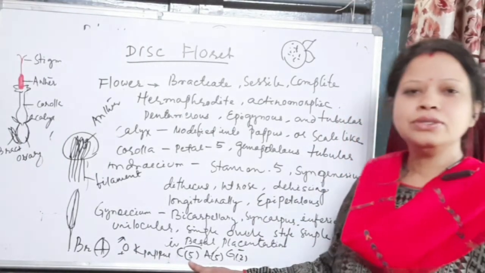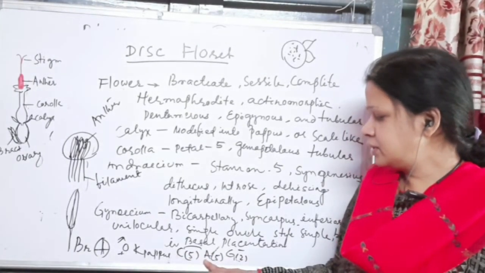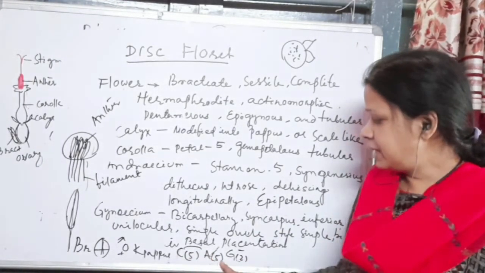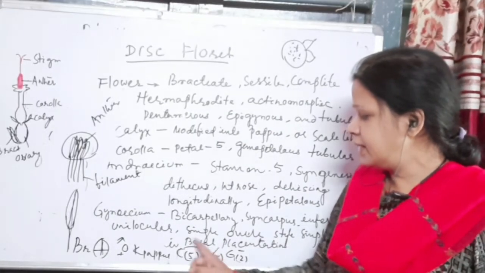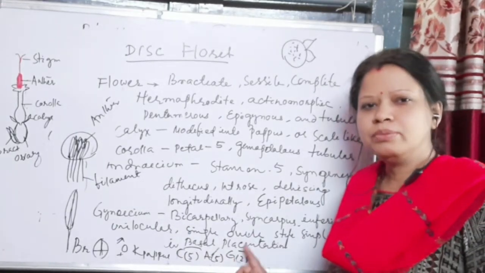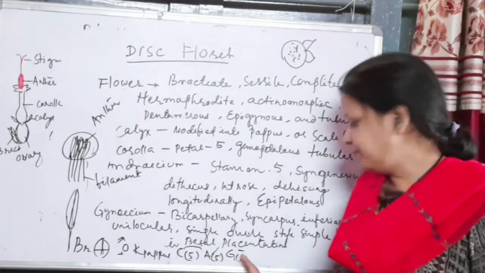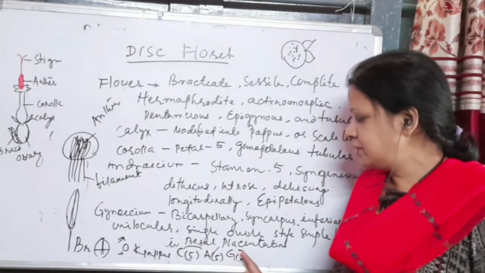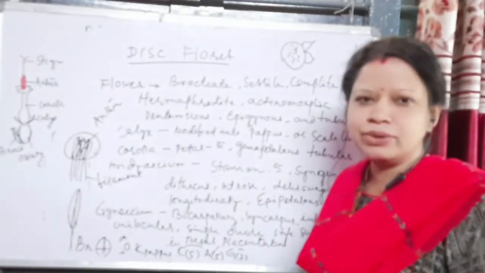Corolla 5 united or gamopetalous, so in brackets. Androecium, or number of stamens 5, in brackets. Epipetalous condition, so there is a bar above A and C. Then gynoecium, number of carpels 2, bicarpellary or syncarpous, so in brackets. And inferior ovary, so there is a bar above G. So this is all about the floral formula of the disc floret.